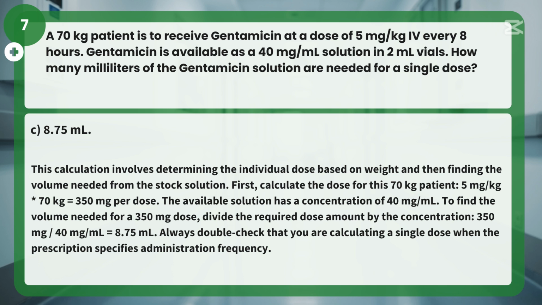The available solution has a concentration of 40 mg per milliliter. To find the volume needed for a 350 mg dose, divide the required dose amount by the concentration. 350 mg / 40 mg per milliliter equals 8.75 milliliters. Always double-check that you are calculating a single dose when the prescription specifies administration frequency.